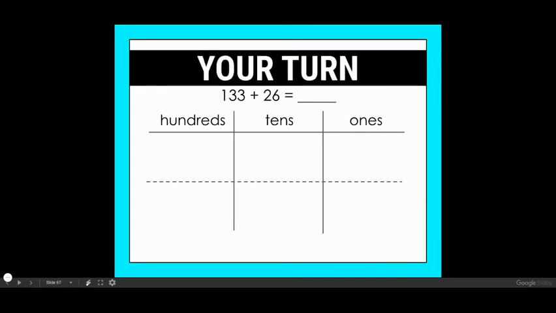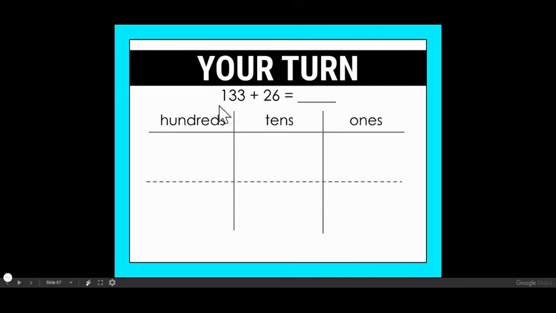So go ahead and draw out your HTO chart. Remember the dotted line that goes down the middle to separate our two different addends. All right, in your HTO chart, let's go ahead and build our first addend.